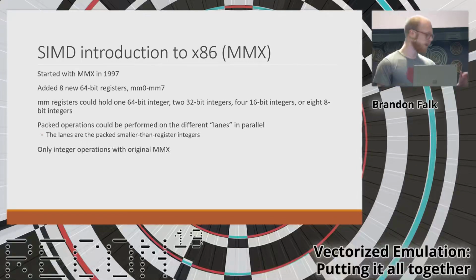And then you can perform operations on these different components of this vector register in one instruction and perform it on them all separately. And that really helps speed up, especially back then, because that was before graphics cards were big, graphics processing, scaling images, just all sorts of things.